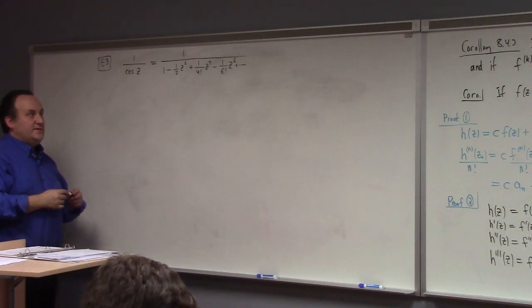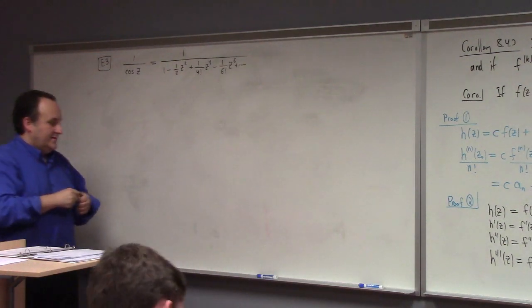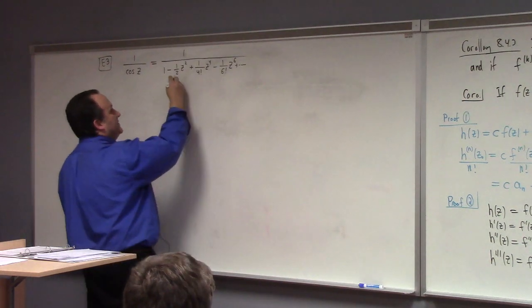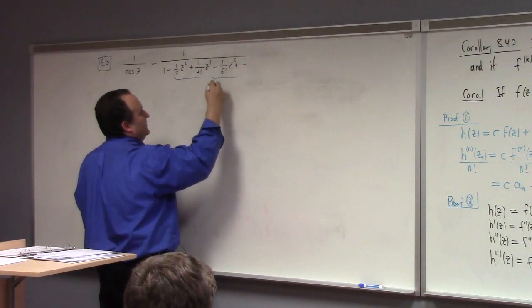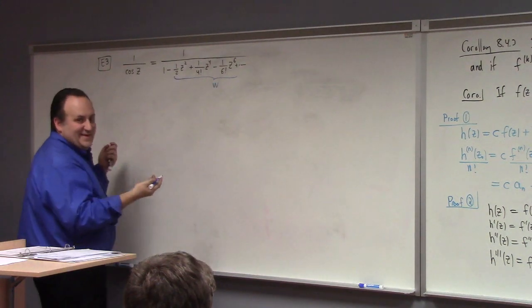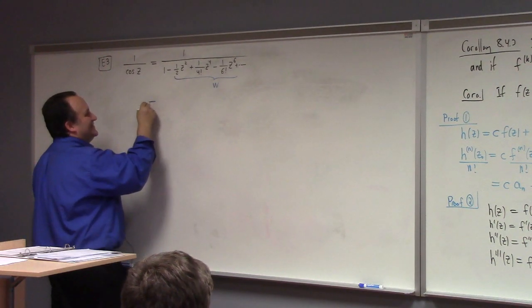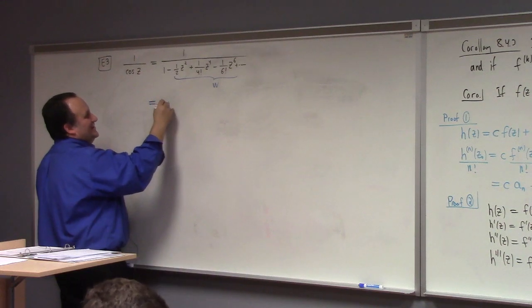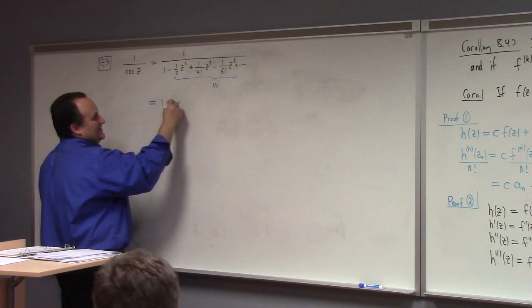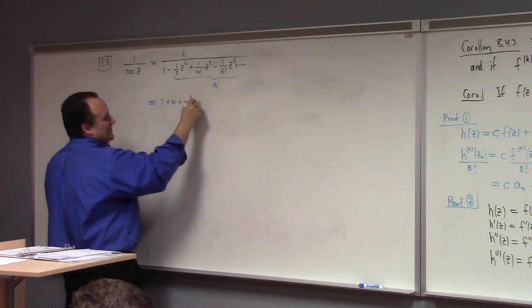So what we could do is just make a substitution. You can think of this as, oh, I don't know, W. And what is this? Well, by the geometric series, this is 1 plus W plus W squared plus dot dot dot.